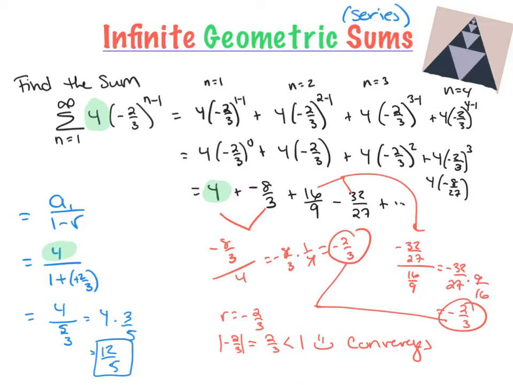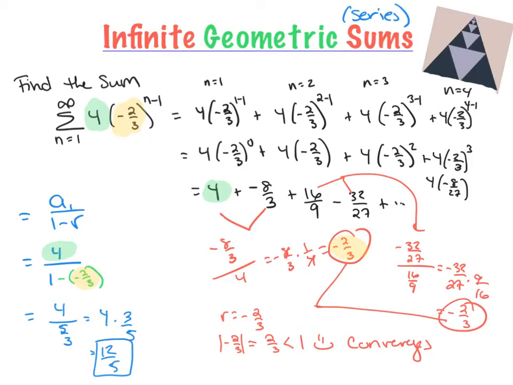Also, that negative 2/3 was our r, which we found here, but it's not a coincidence again that negative 2/3 is the base of our exponent.